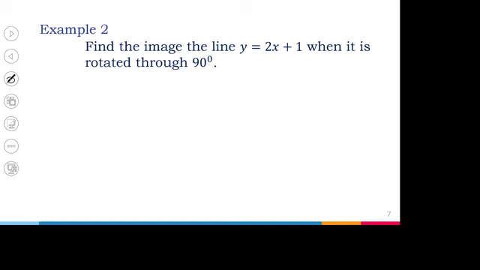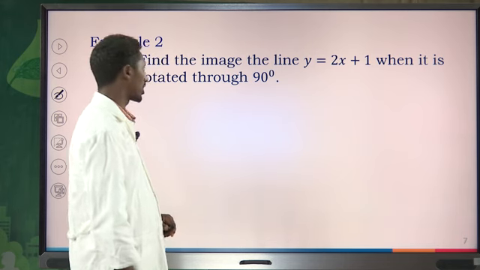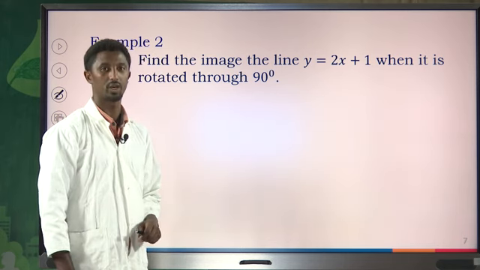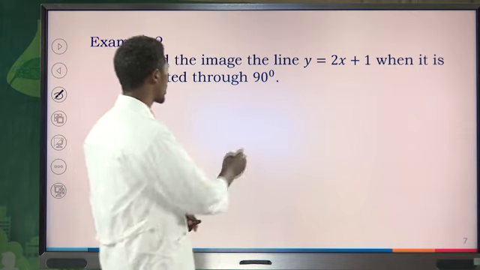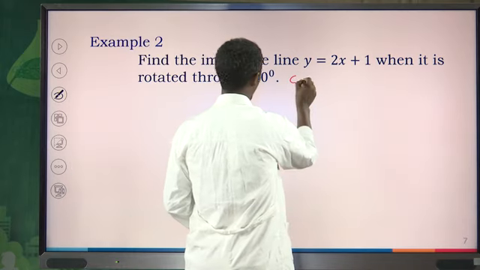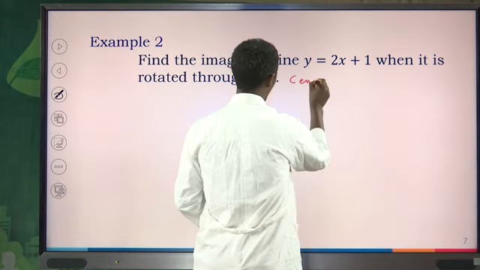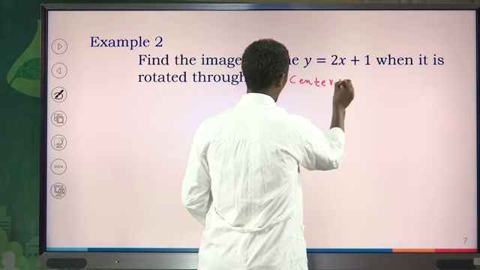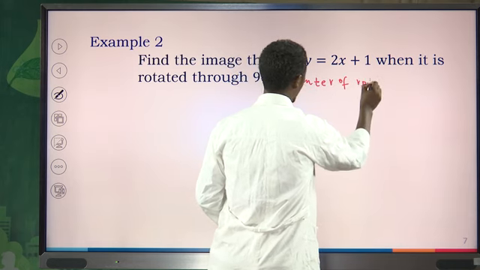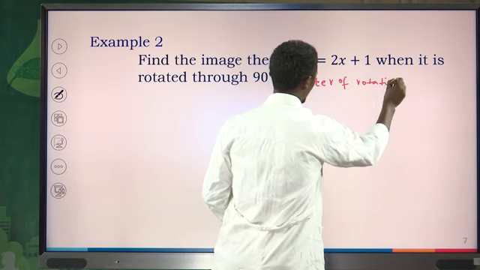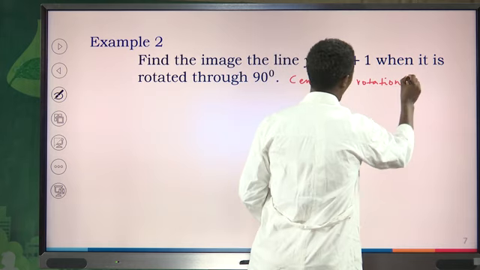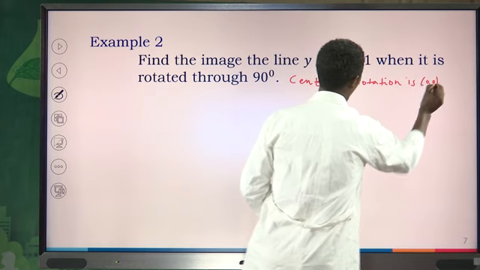Then example 2, find the image of the line y equals 2x plus 1 when it is rotated through 90 degrees. Here, the center of rotation is not given, so let us consider the center of rotation to be the origin, that's (0, 0).